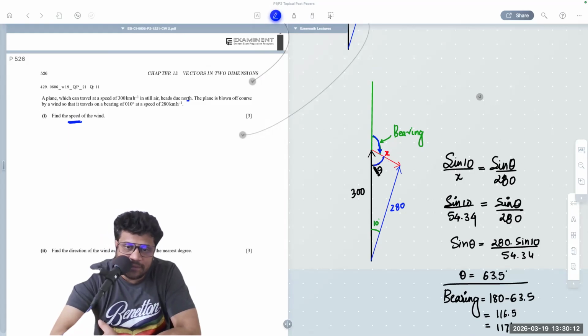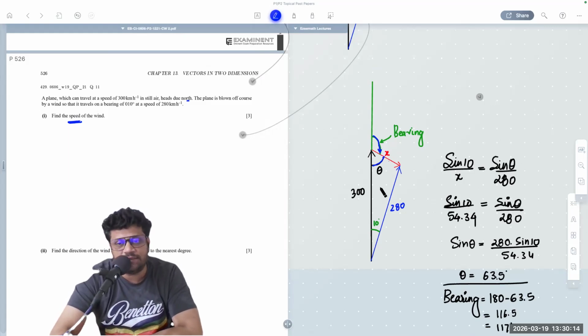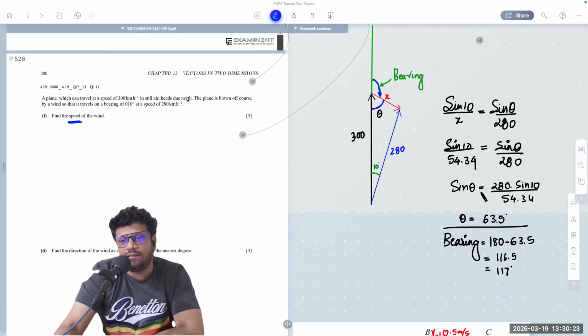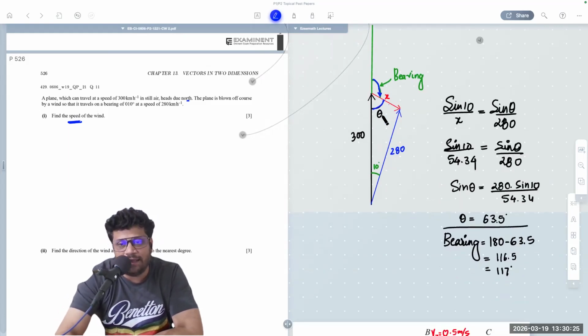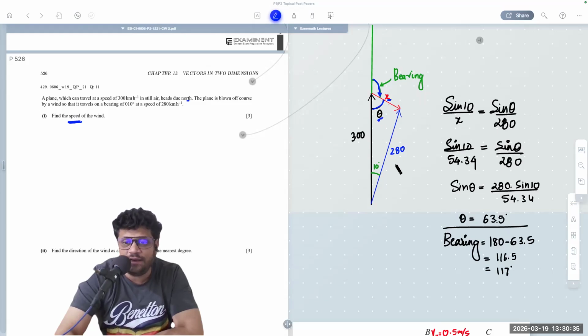For this one, what I do is I find out the angle theta first. I can find this one out using sine rule on that triangle. And there it is, the setup for the angle theta here. Sine of 10 divided by x should be equal to sine of theta divided by the side opposite to theta. It's 280 there.